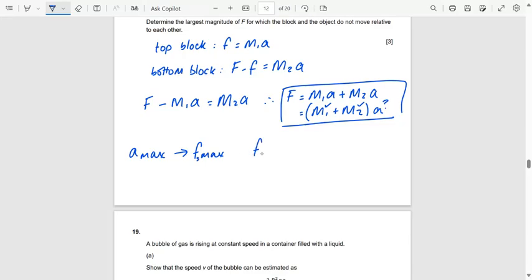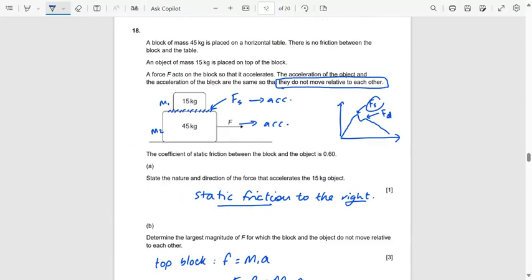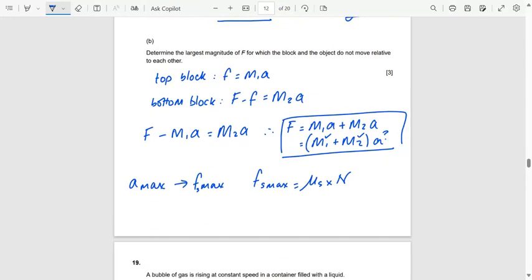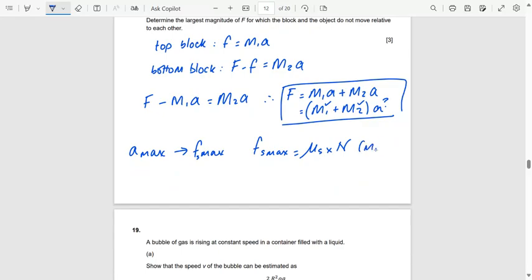Now, in order to calculate the maximum static friction, it's mu s multiplied by the normal. Now, the friction is on mass 1. So this is for mass 1.